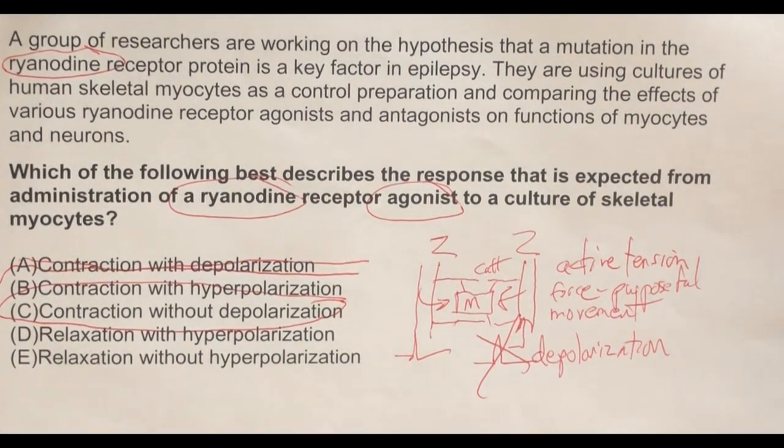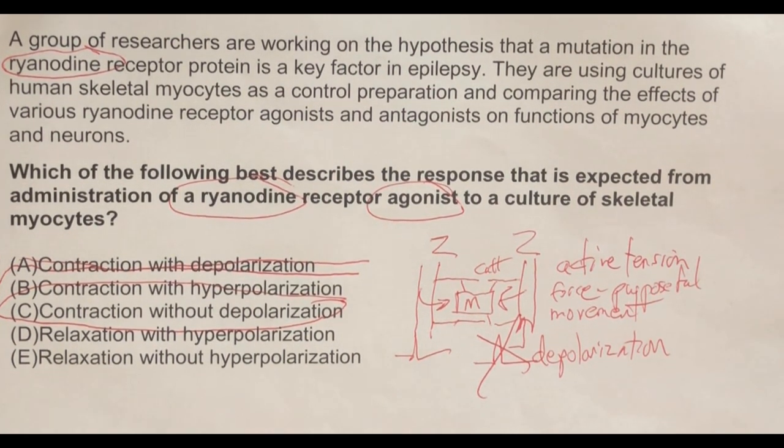So it seems like D is not appropriate. B, contraction with hyperpolarization. Well, hyperpolarization of cells that are excitable inhibits the excitability. In other words, makes them less excitable.